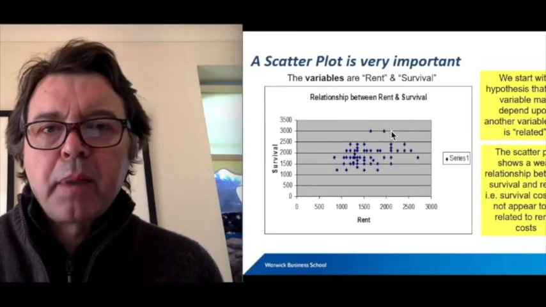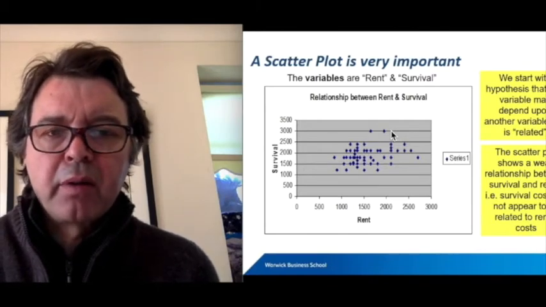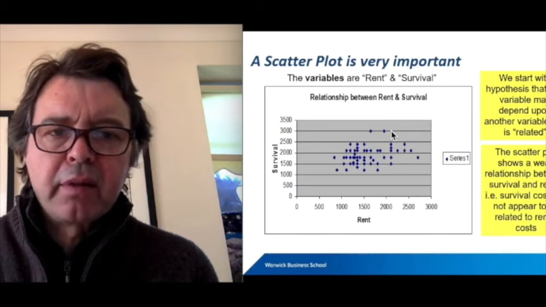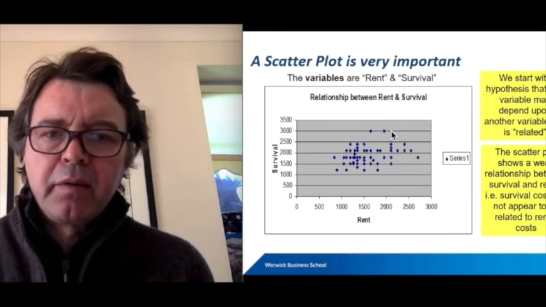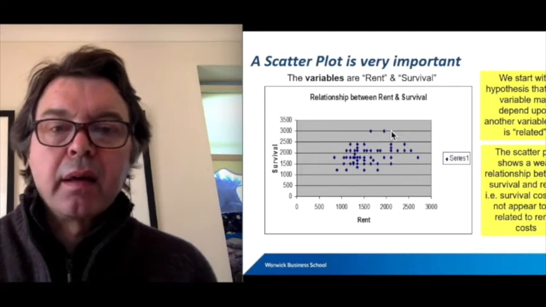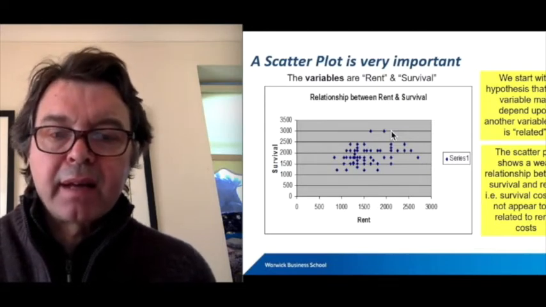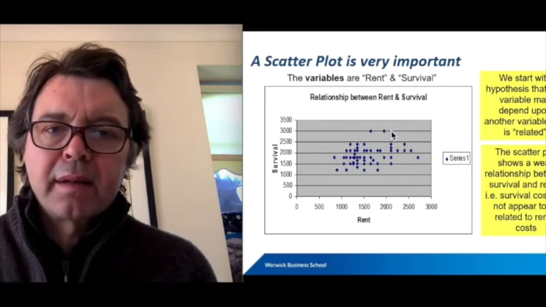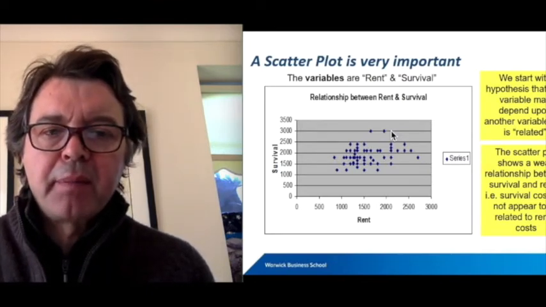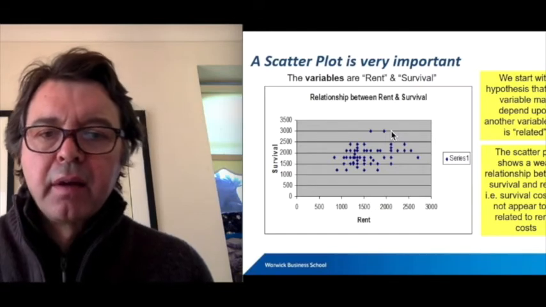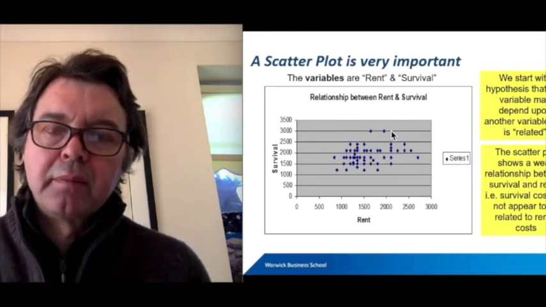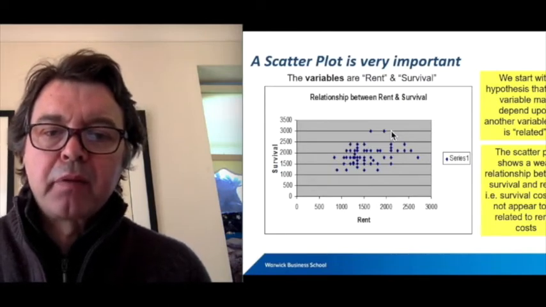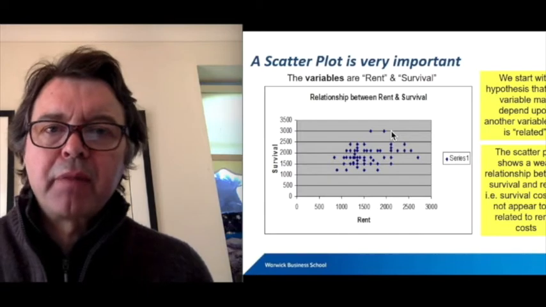Okay, so let's just go back and have a look at a scatter plot. Here we've got a scatter plot whereby we've got values for rent on the x-axis and survival costs, or the cost of living, on the y-axis. So our hypothesis might be that the survival cost at a particular university might be dependent upon the rent cost, and so there might be a relationship there.